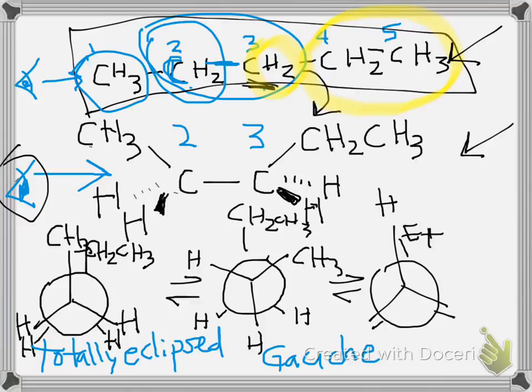The methyl group is here in the front. Hydrogen in back. Hydrogen in back. And hydrogen in front. So this is called eclipsed because now all of the atoms on the front carbon are on top of the atoms in the back carbon. However, now there is 120 degrees between the two largest groups. So we call this eclipsed.